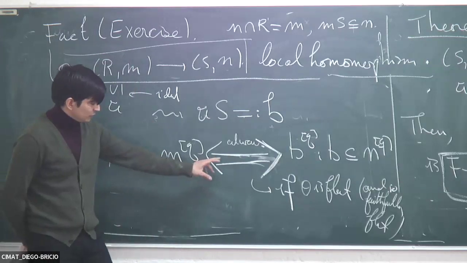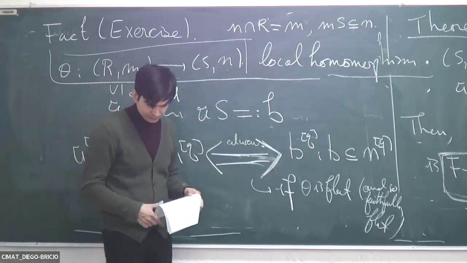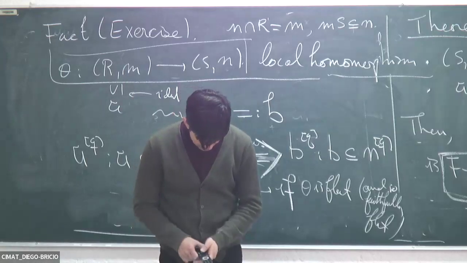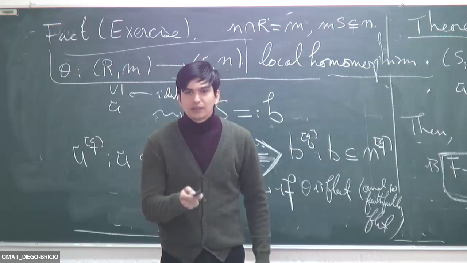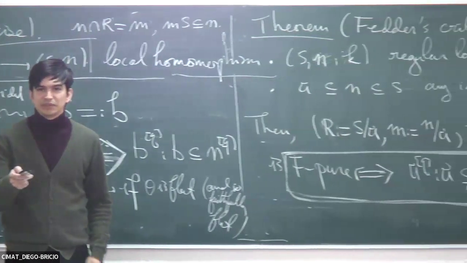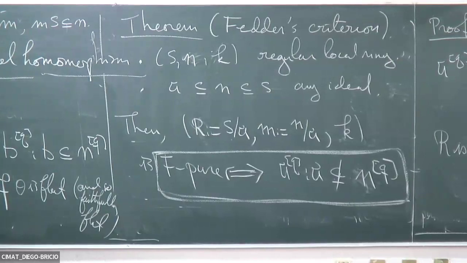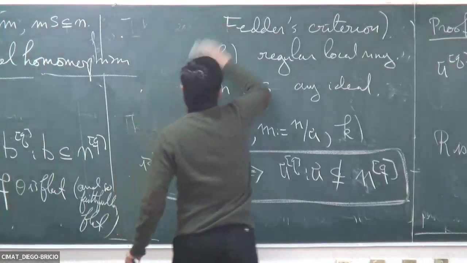So one direction is obvious and the other one is the most interesting one. This follows from a more general lemma. And that's the one I would like to do real quick.